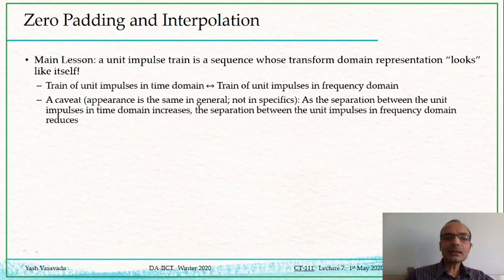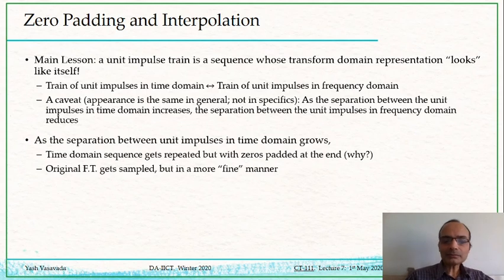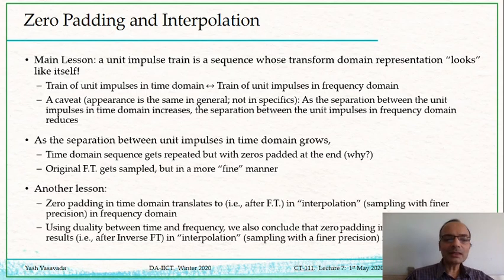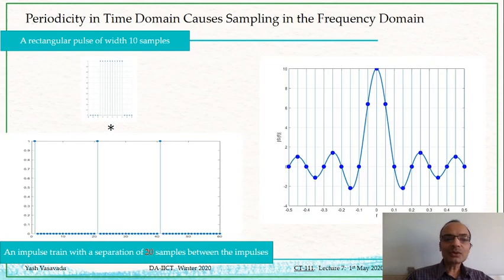And then the second main concept that we want to keep in mind is that when we increase the separation between the impulses in one domain, in the time domain in this case, we ended up repeating the original signal but with zeros at both the ends, which is what is shown here.